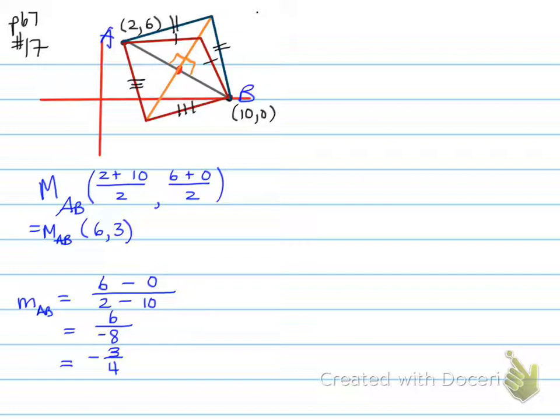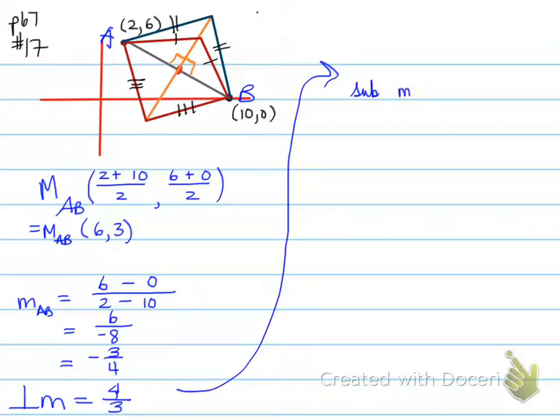Once we know that is reduced, we can now take the perpendicular slope, which will be 4 over 3, positive. Remember, it's the negative reciprocal, so change the sign and flip the fraction. So this is our perpendicular slope.